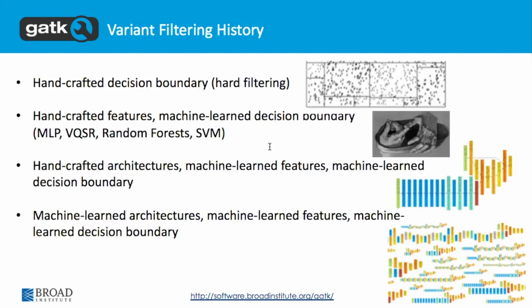So the hard filtering is okay for some purposes. The problem, however, is that, first of all, it's not super accurate, because you basically cut the annotation space in half in this rough way, and you don't have the ability to define some kind of nice smooth boundaries in the space.